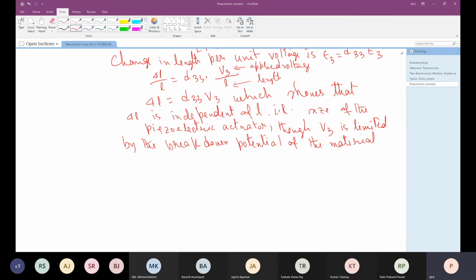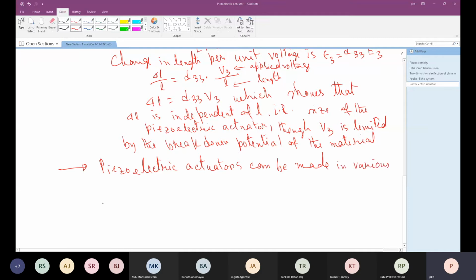So actuators can be in many forms. Piezoelectric actuators can be made in various modes of displacement.